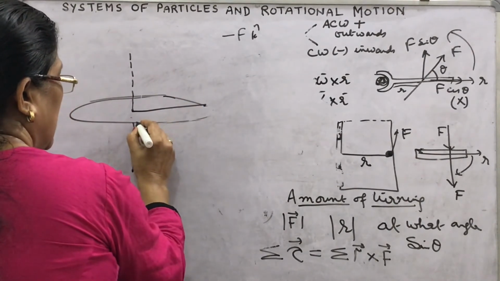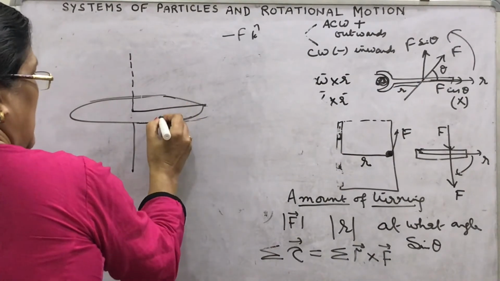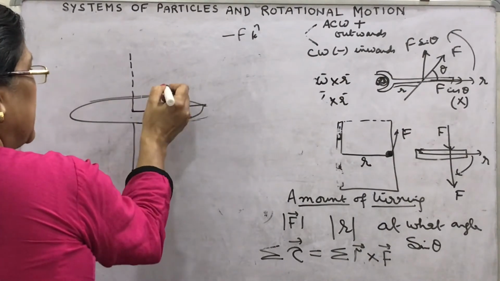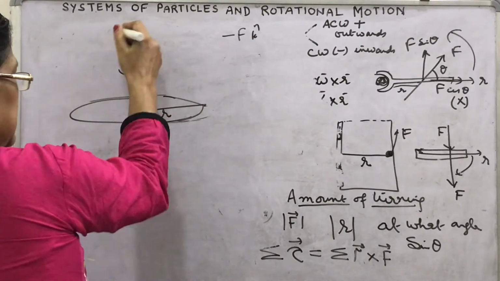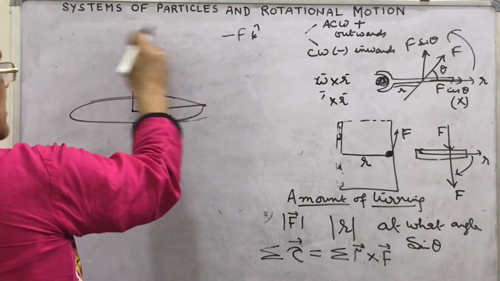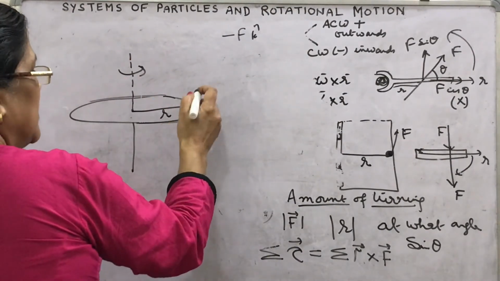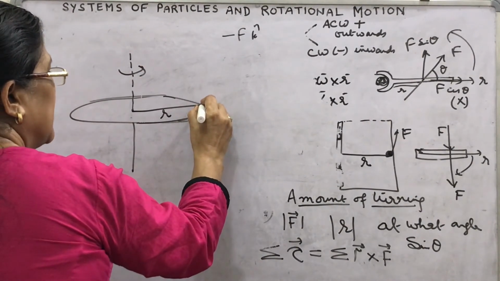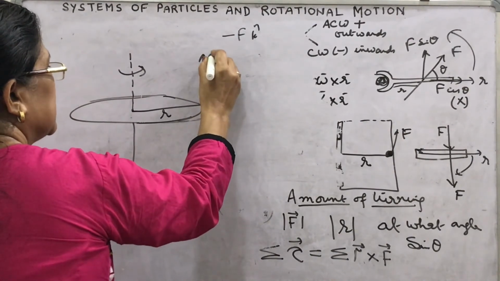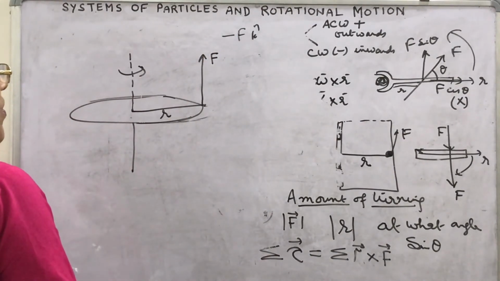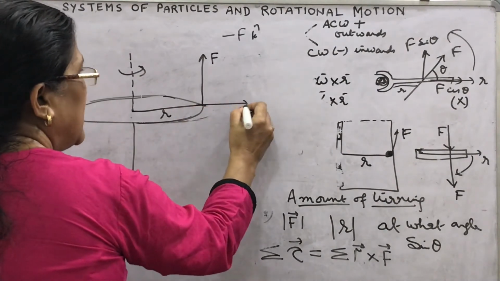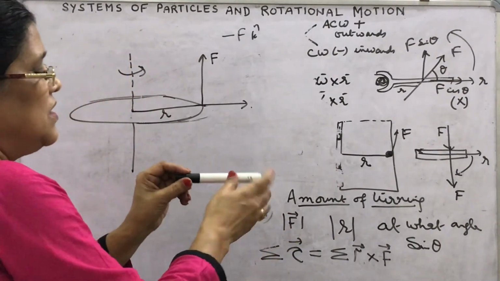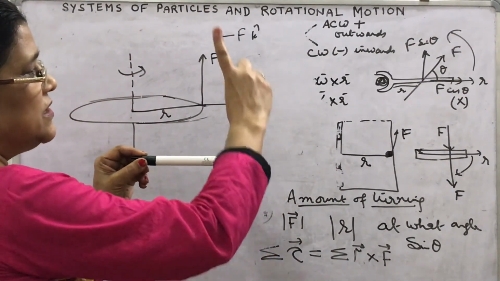Suppose this is R. The disc is rotating about this Z axis. This is the axis of rotation. If the force is applied parallel to the axis, like this, what will happen? This is the direction of R and this is F.